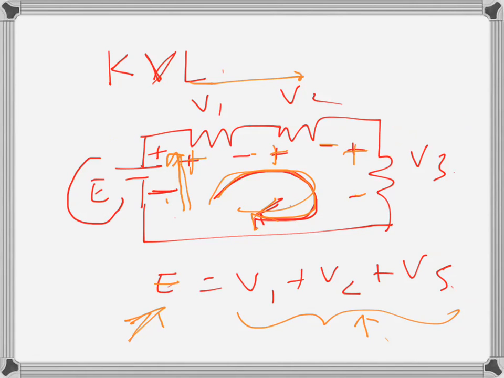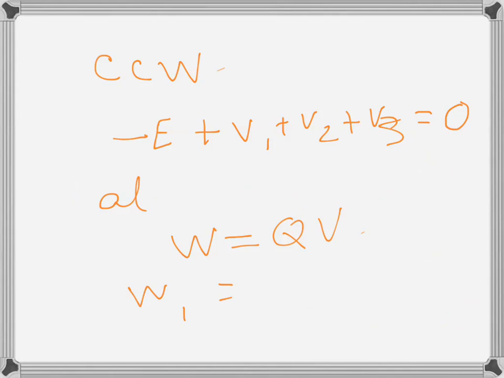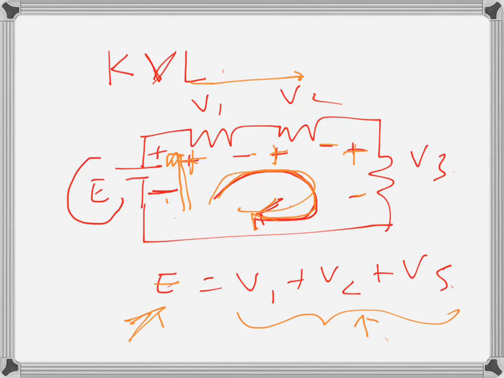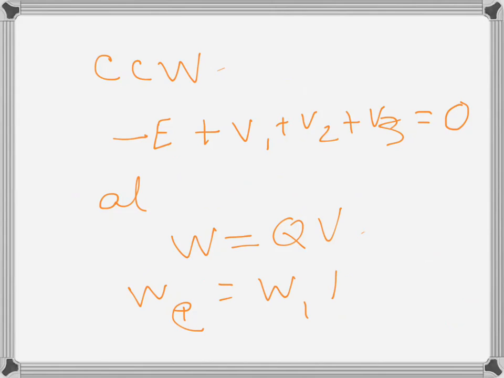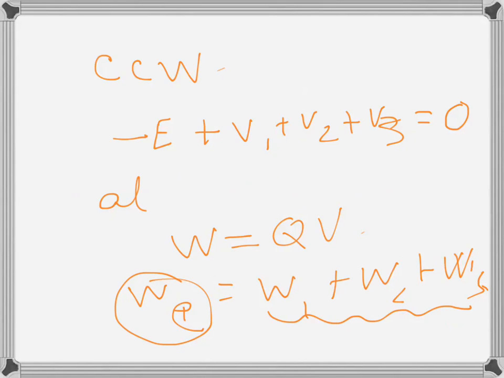Let's call this one WE, the energy associated with the source, and then W1, W2, W3. So basically no energy is created. This energy is dissipated in these three resistors. Again the Q is the same everywhere. So if we get rid of the Q, we get E, the rise, equal to V1 plus V2 plus V3.